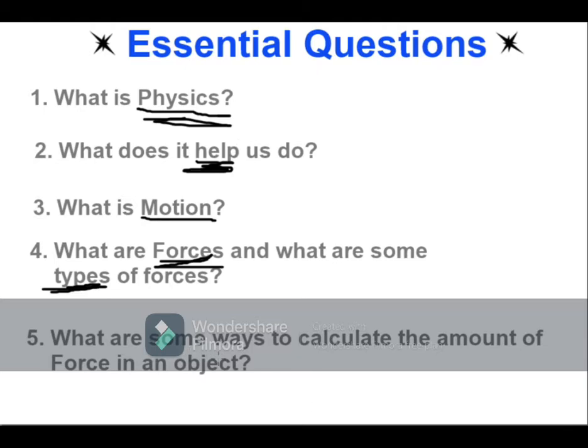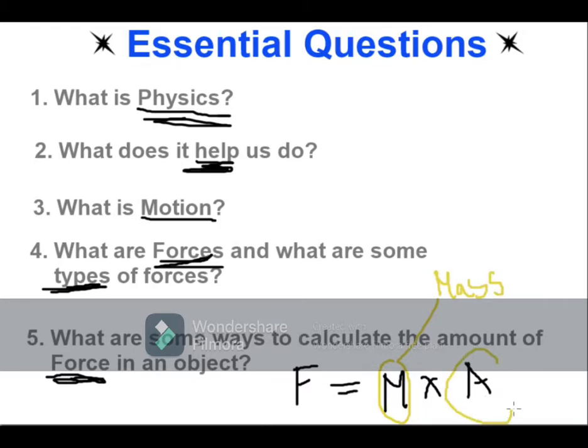Okay, next question. What are some ways to calculate the amount of force in an object? I just don't want to give it away, but you can calculate forces with an equation named F equals m times a, where m is the mass and a is the acceleration.